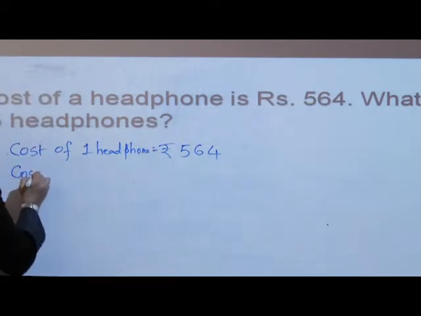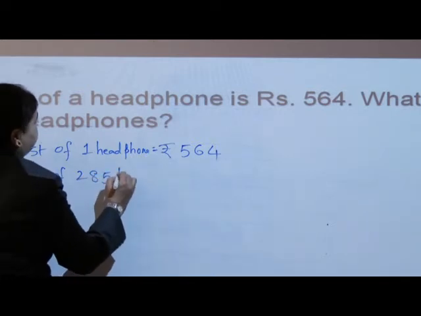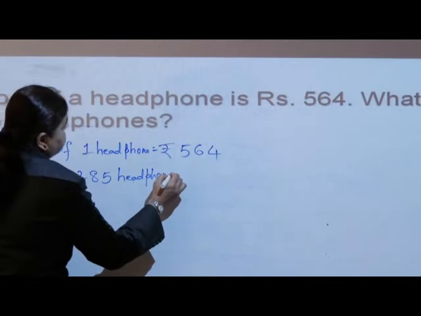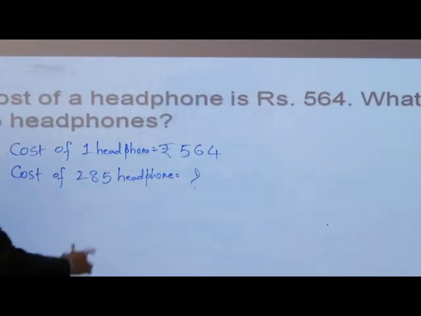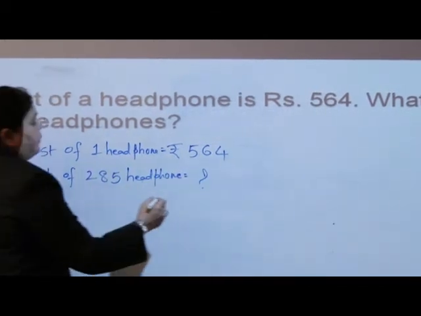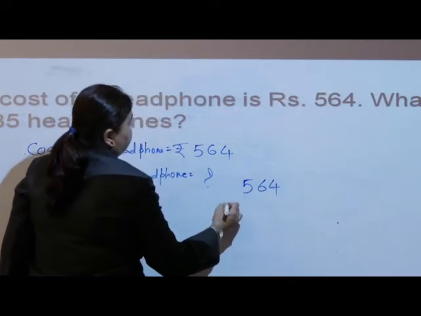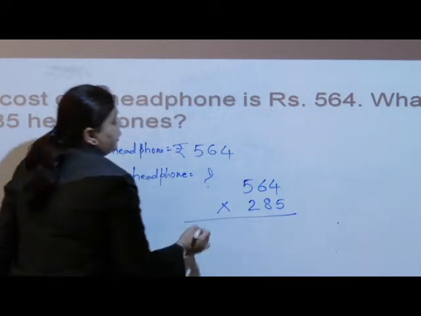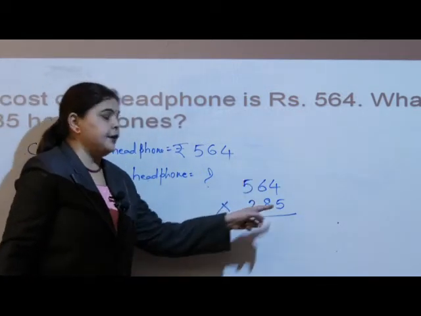Now the cost of 285 headphones is equal to question mark. Yes, we have to find this multiplication. So we will multiply 564 by 285. Here we are multiplying a 3-digit number with a 3-digit number.